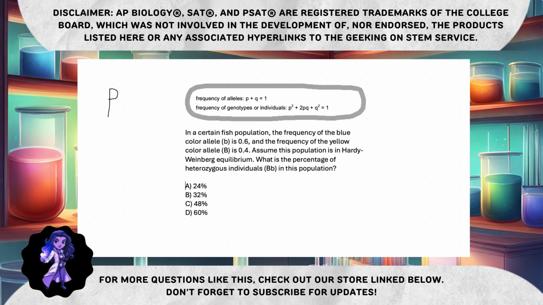P and Q are two letters, but if you remember in algebra, P is the dominant allele. You can also think of it as the first letter of the alphabet, which is why P is usually the dominant allele.